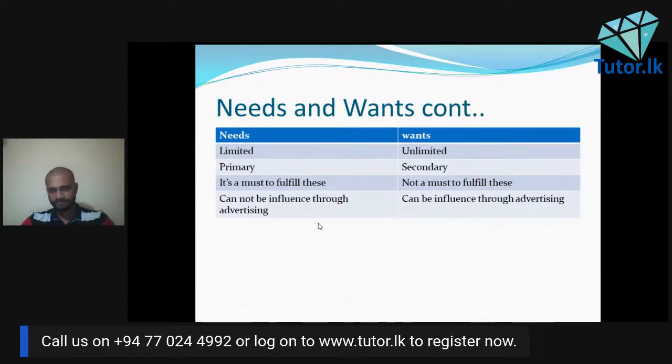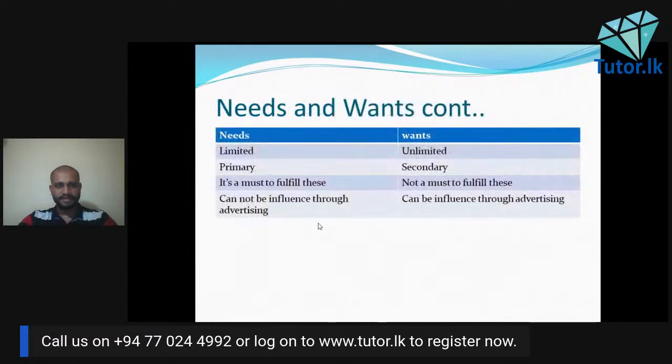That is one problem the companies or individuals are facing. This is the main factor which will influence the behavior of a particular entity. Every entity has unlimited wants. Now we will go to the next slide.